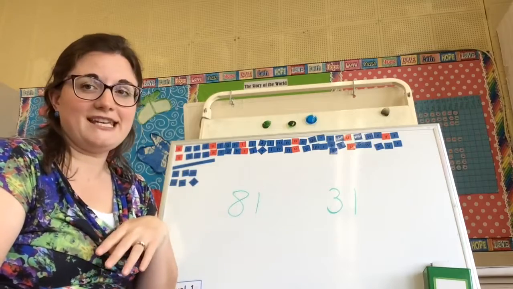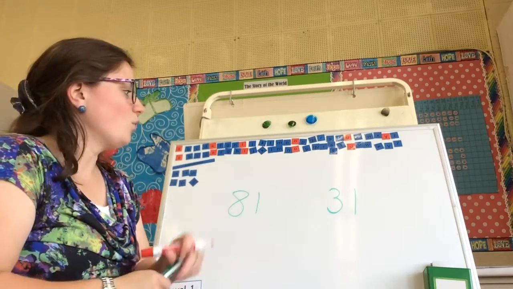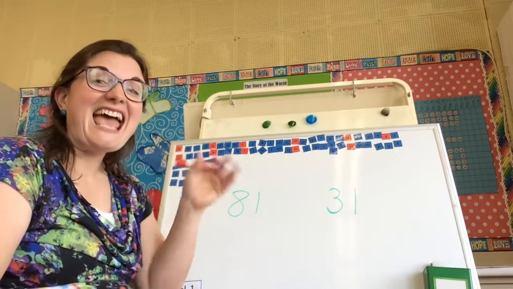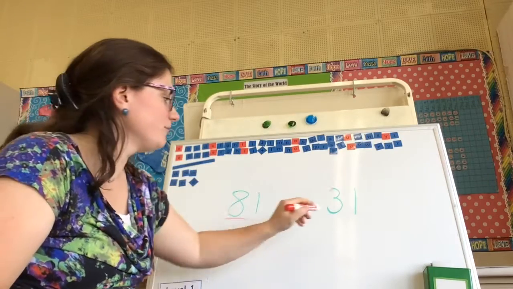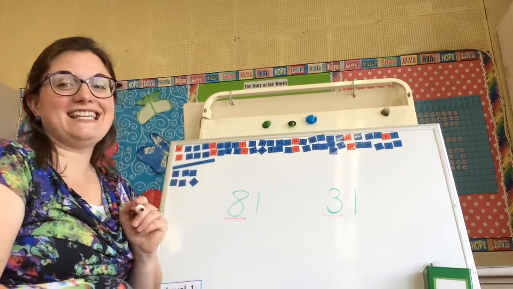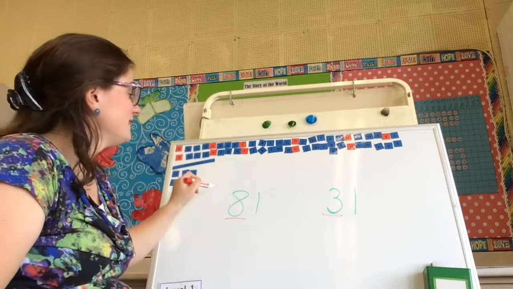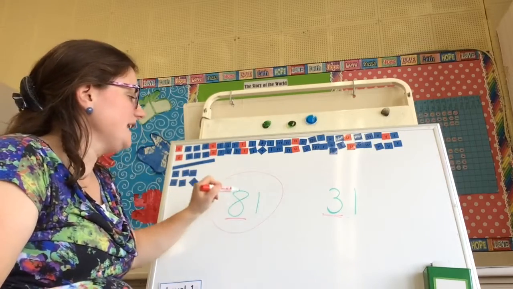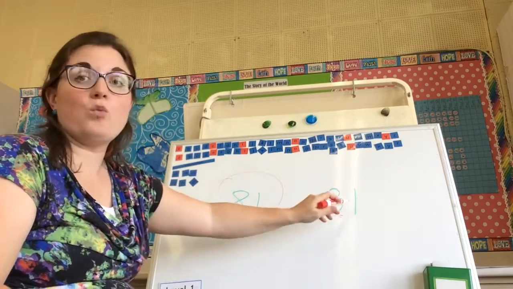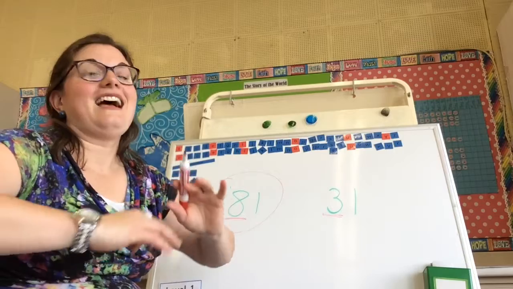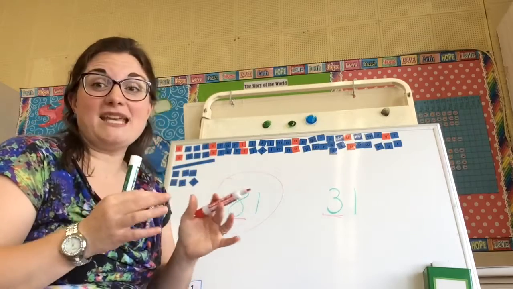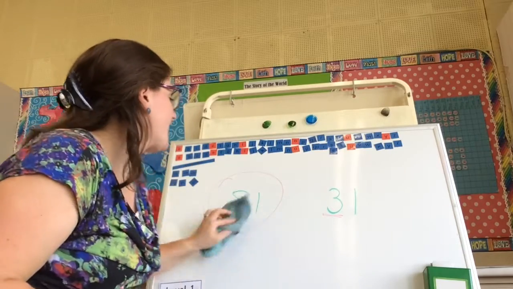If you already know, you can say it out loud. We're going to start in the tens. So we have 8 tens here and we have 3 tens here. So which one's larger? 8 tens. So 81 is bigger than 31. I didn't even need to look at the ones because the number of tens makes the number bigger. Okay?